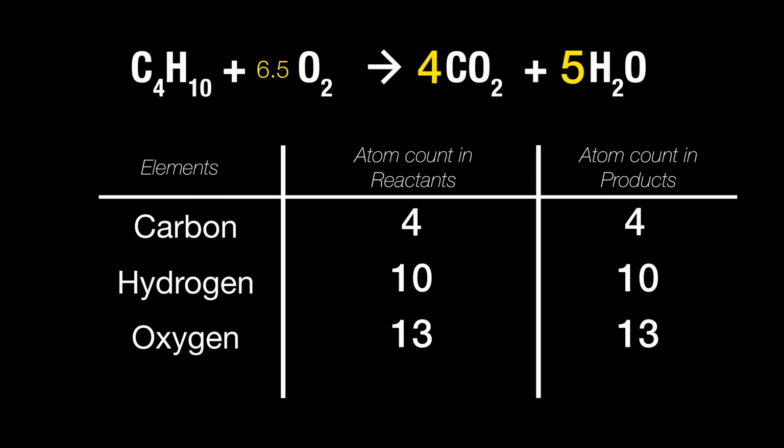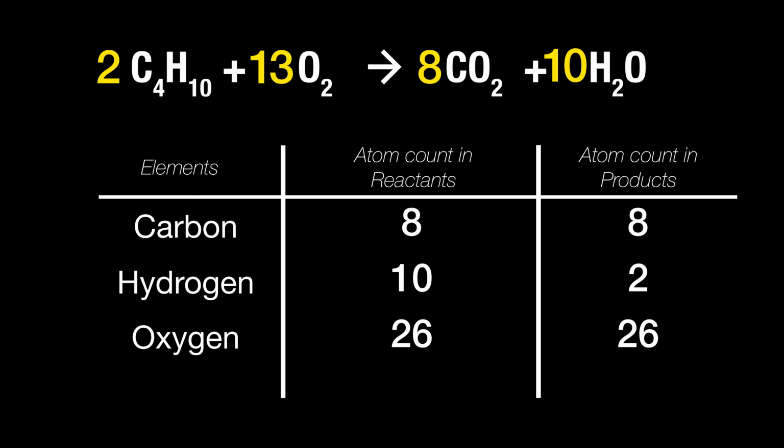We simply double everything. We now have 2 butanes, 13 molecules of oxygen, 8 carbon dioxides, and 10 molecules of H2O. Everything balances, and once again, we're done.